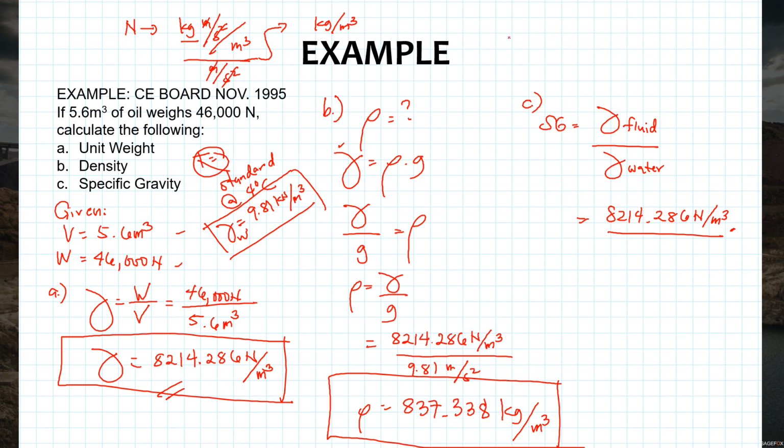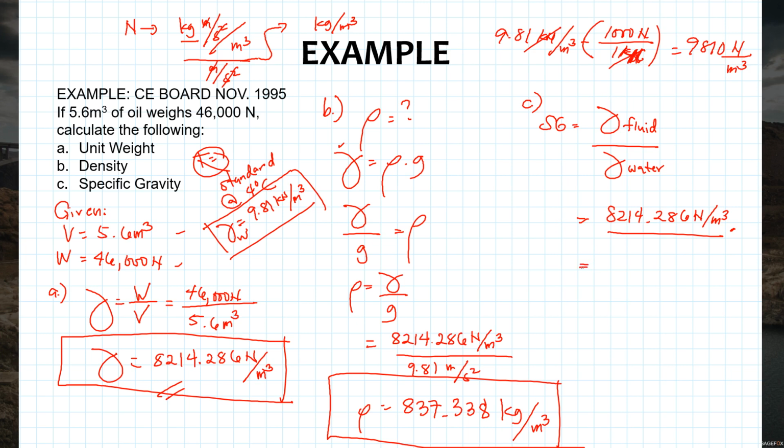To convert 9.81 kilonewtons per cubic meter, just multiply by 1000 newtons as your conversion factor. 1 kilonewton is equivalent to 1000 newtons. So this will be cancelled out. That will be 9810 newtons per cubic meter.